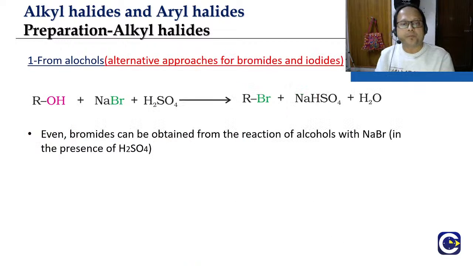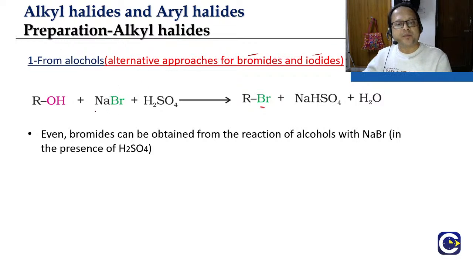Okay, now if you want to introduce bromine, there is another method. For chloroalkanes we have the previous method, but for bromine we can also use the HBr. But then we have different methods for bromides and iodides.